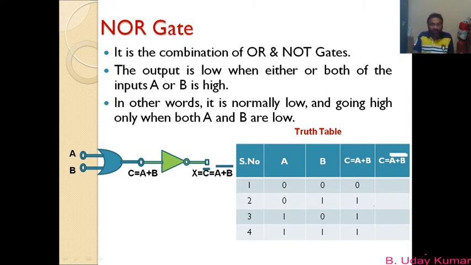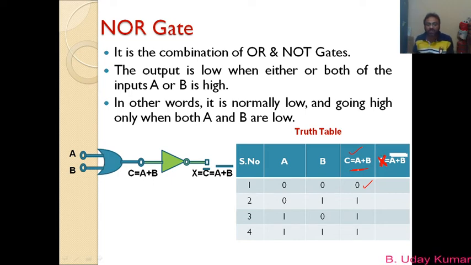For example, here I have 0, which is A plus B. Remember again, I have wrongly typed here. There should not be C, we should have X here. So this is C, and here this is C bar, and hence I can write it as X. Wrongly typed, so please check this one.